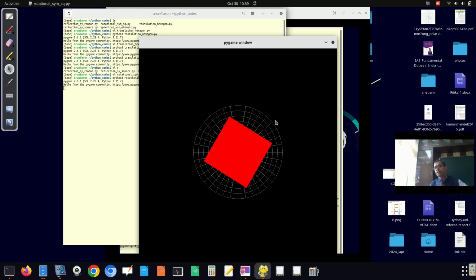See, this is a cube and it starts rotating. When it's rotated through 90 degrees, it looks identical.